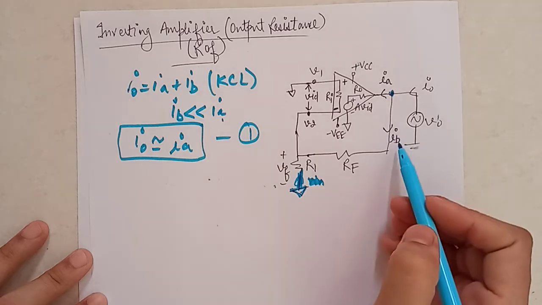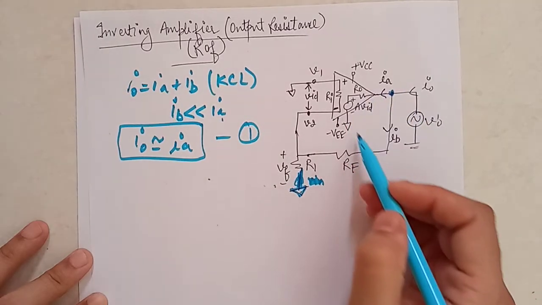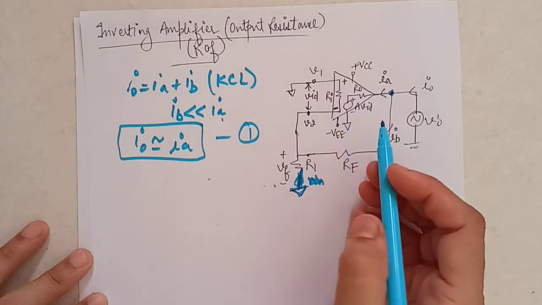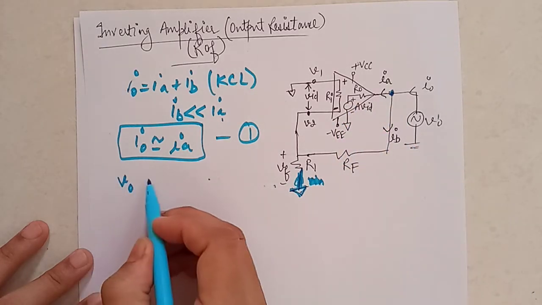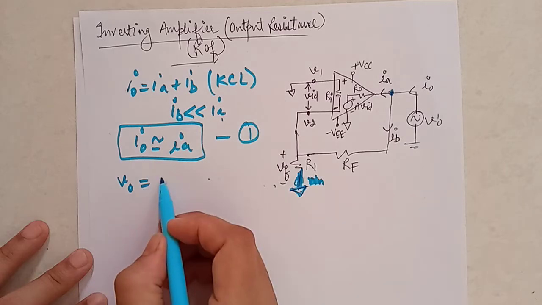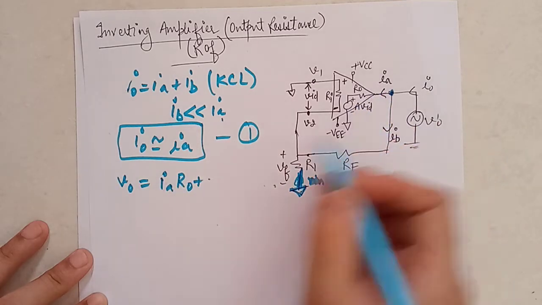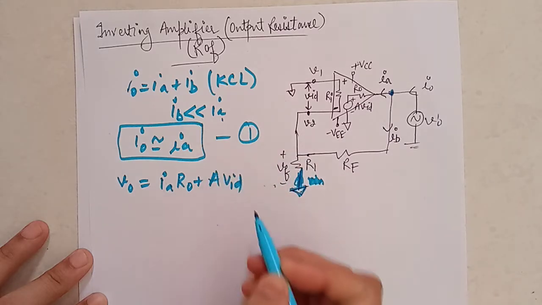Now we can apply KVL at this loop in order to get the output equation. If I apply KVL, I'll write the equation as V0 is equal to IA R0 plus A VID. So this is my equation.